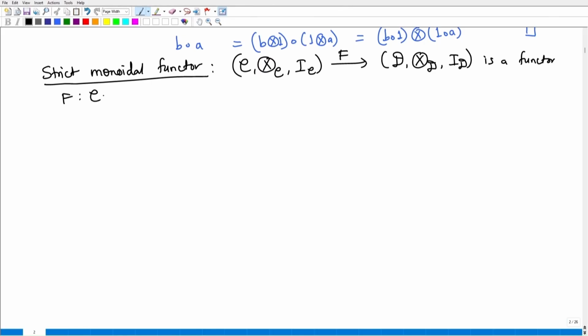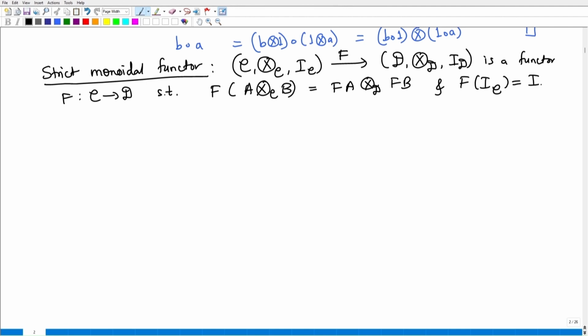is a functor F from C to D such that F of A tensor_C B is equal to FA tensor_D FB, and F also preserves the identity object.